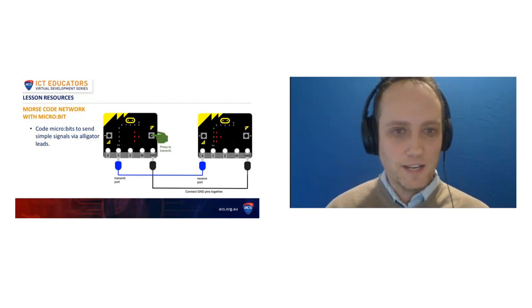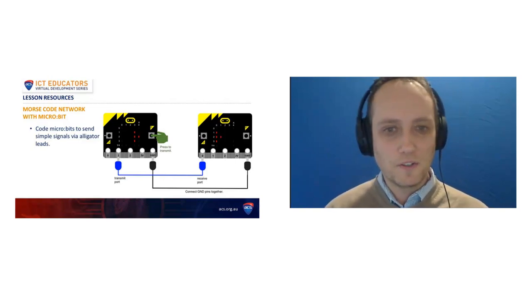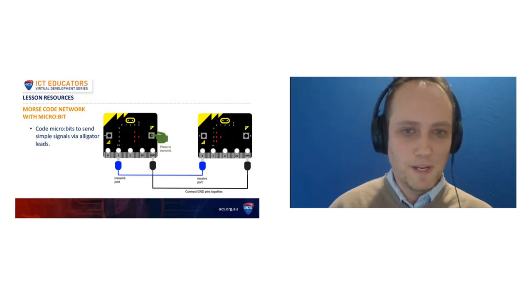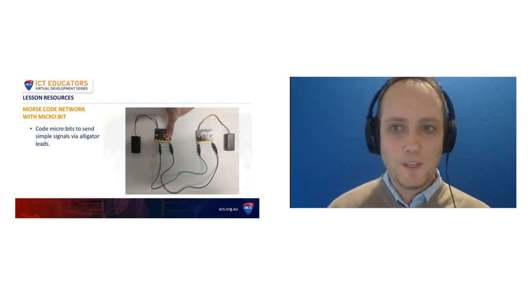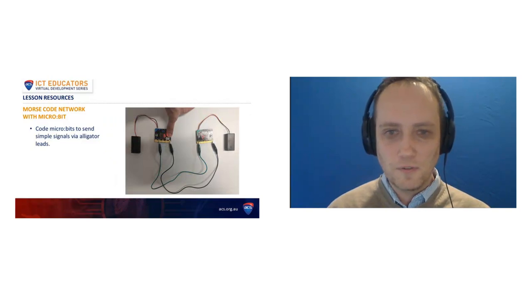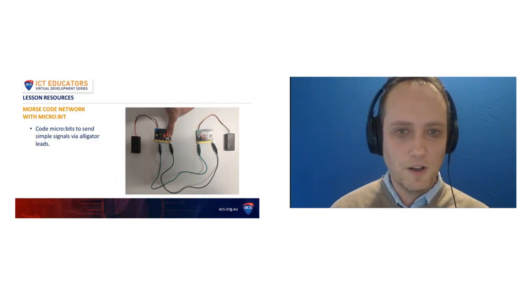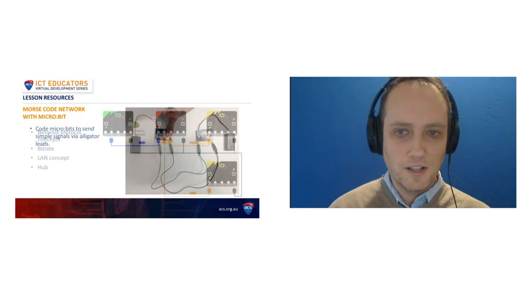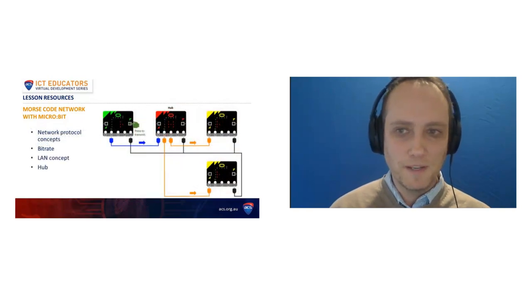And that way you can actually send little signals from one to the other just across those wires. So it's just up and down signals when you tap. So the next slide has a photo showing you what that looks like in real life. So that's just the alligator clips wired up, and they're running on battery there.